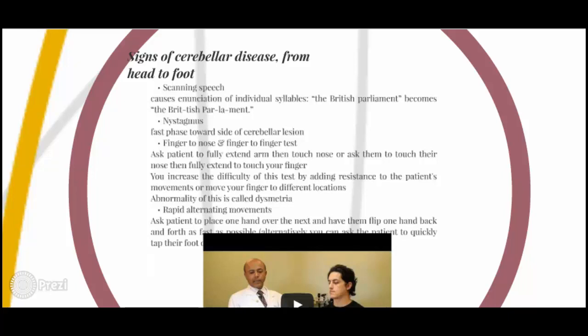Ask the patient to fully extend the arm, then touch their nose, then finally extend to touch your finger. You increase the difficulty of this test by adding resistance to the patient's movements or moving your finger to different locations. Abnormality of this is called dysmetria.